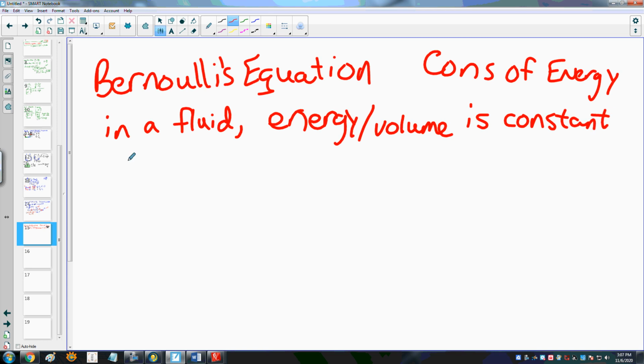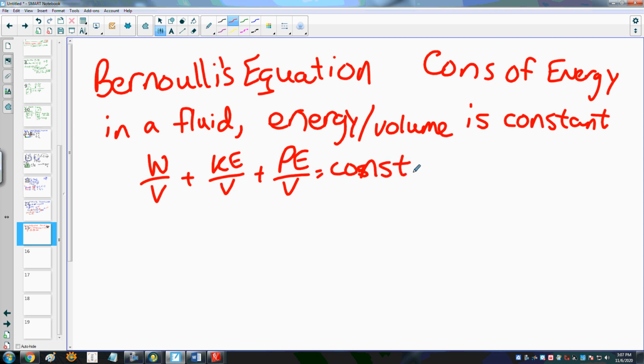Really, it's the work per volume plus the kinetic energy per volume plus the potential energy per volume, and this is always constant from one point to another, from point one to point two. You might get changes, like this energy goes up and this energy goes down, but overall it will be a constant value.